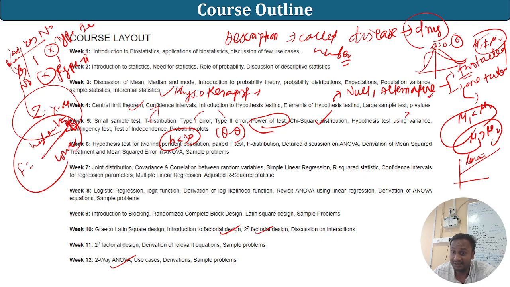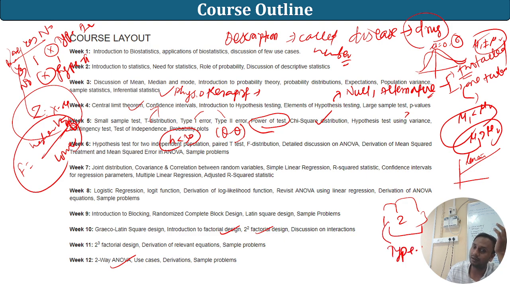Once our groups go beyond two, let's say I have group one, two, three, and the test goes one and two, two and three, then one and three. So we take individual pairs of groups, and there are chances that the type one error will increase.